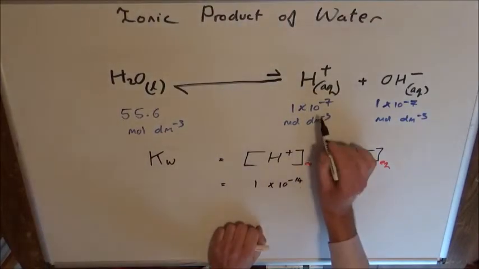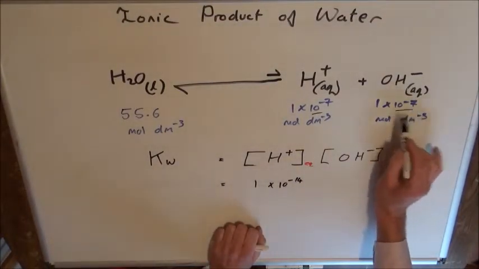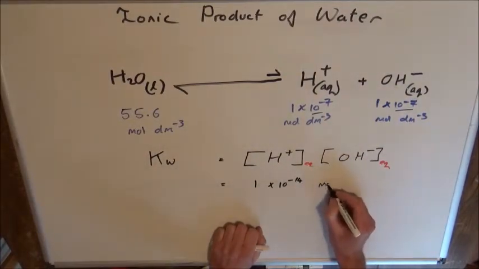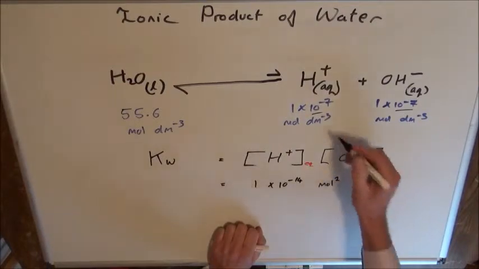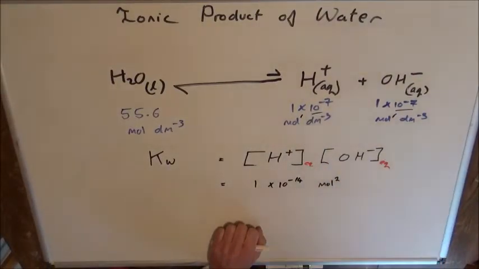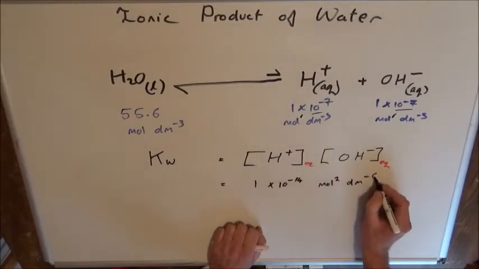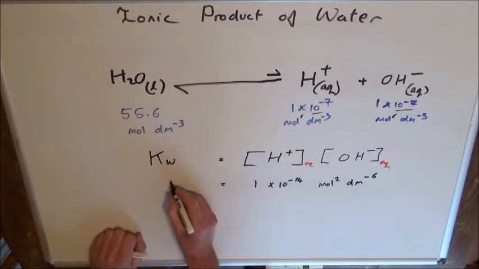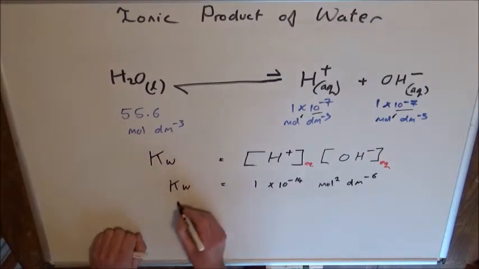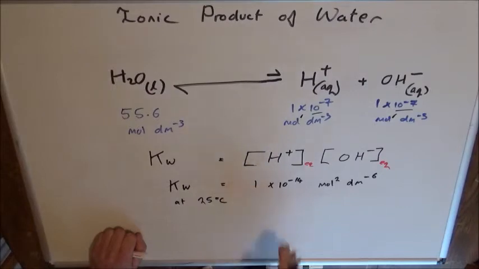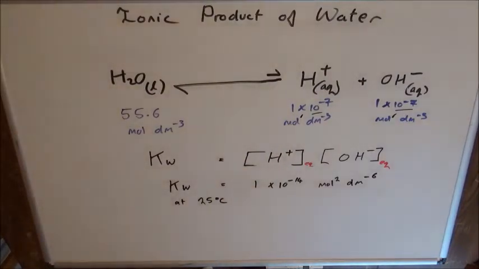When you multiply two numbers with powers of 10, you just add the minus 7 and minus 7, and you get 10 to the minus 14. The units are moles squared, just like having moles to the 1, moles to the 1, and then dm to the minus 6. So the value of Kw at 25 degrees C is 1 times 10 to the minus 14 moles squared dm to the minus 6.